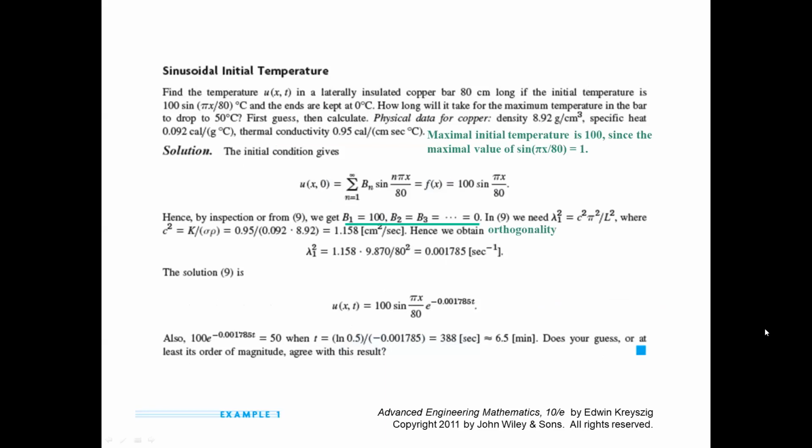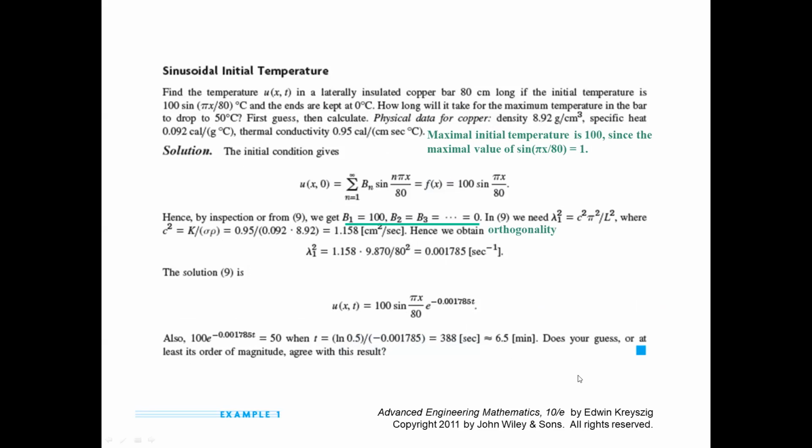Now, we have an interesting exercise here. This problem says we have a one-dimensional copper bar of a certain length, 80 centimeters long, and it's well insulated around it.